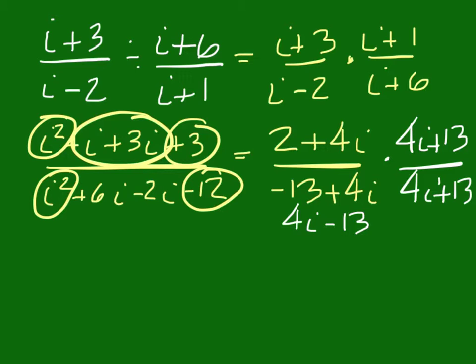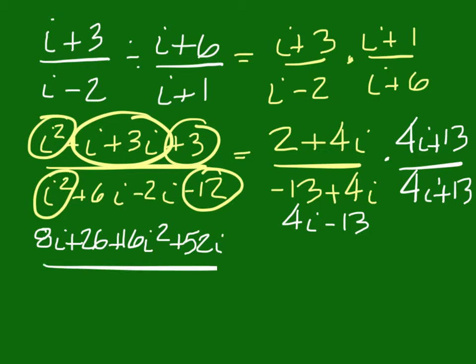So on the top, you would end up with an 8i plus 26 plus 16i squared, and then 52i. On the bottom, you would come up with 16i squared minus 169. Now simplify.